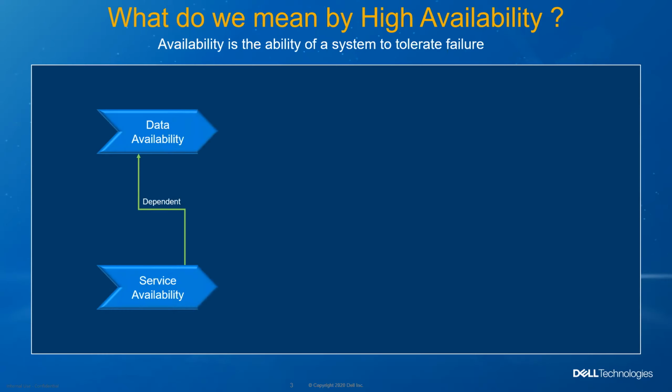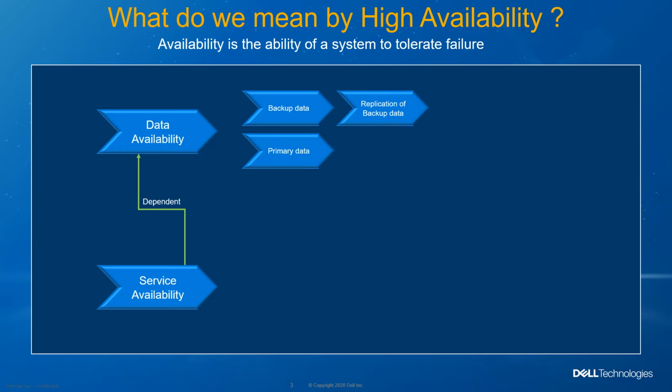So looking at the components of data high availability, the simplest method of providing data availability is a backup. It might sound simple or silly, but yeah, that is a way of providing availability. And then beyond that, high availability for backup could be simply a replication of that backup.